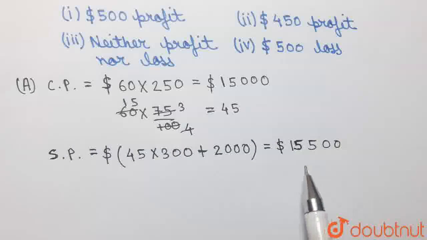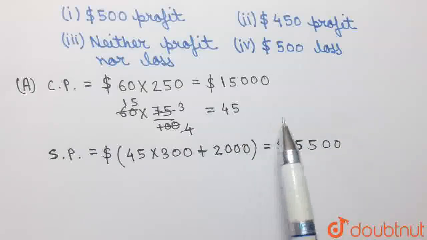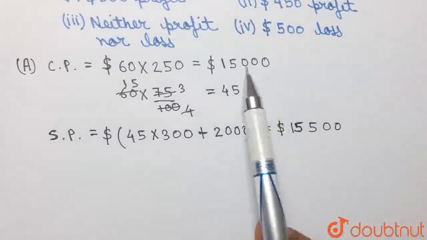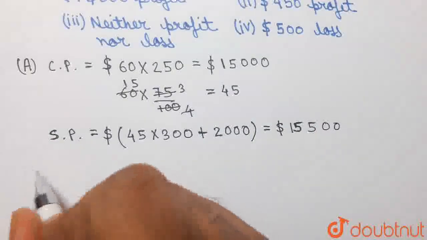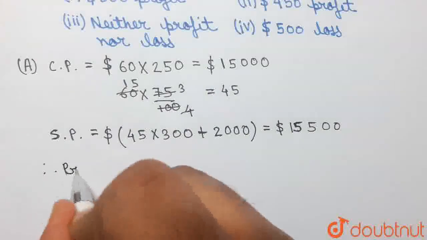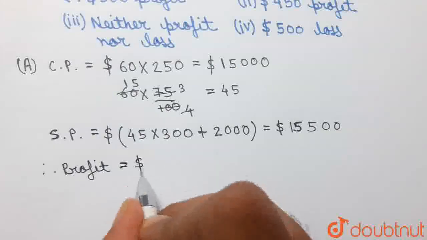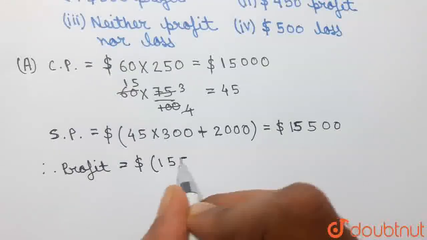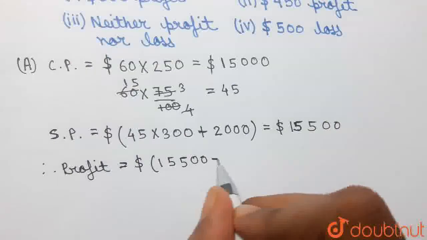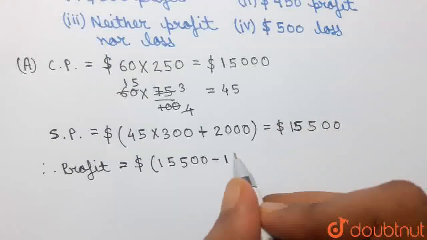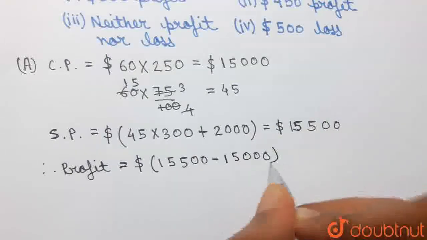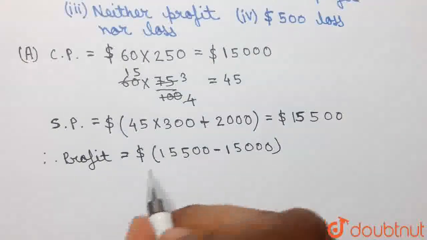As we can observe, the selling price is greater than the cost price, so we can conclude that the shop has made a profit. The bookstore has made a profit. Now the magnitude of the profit can be found by subtracting the cost price from the selling price. So the magnitude of the profit will be given as the difference of the selling price, which was $15,500, and the cost price, which was $15,000, and this difference is obviously $500.